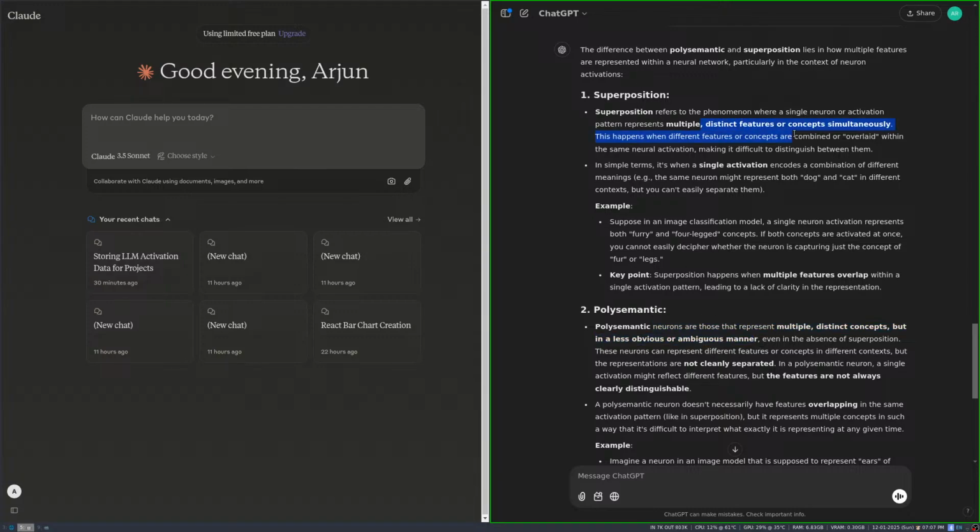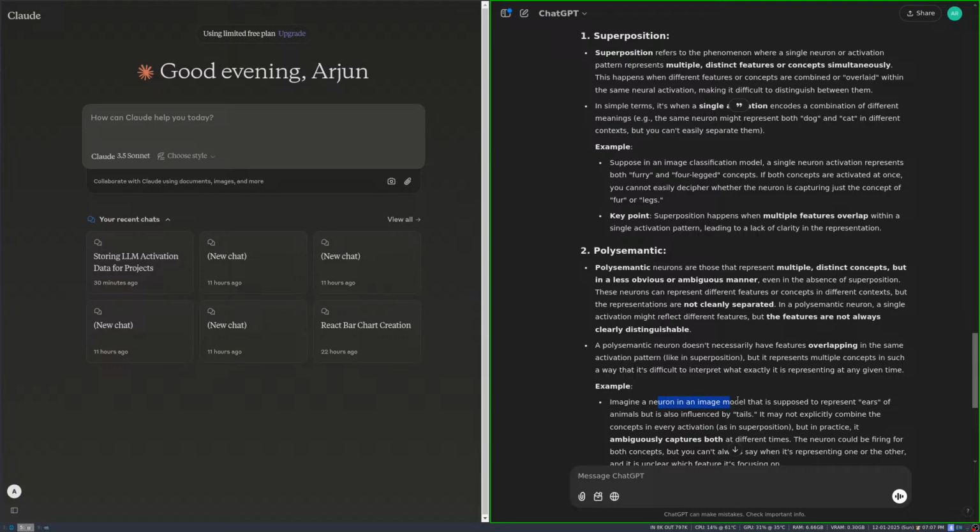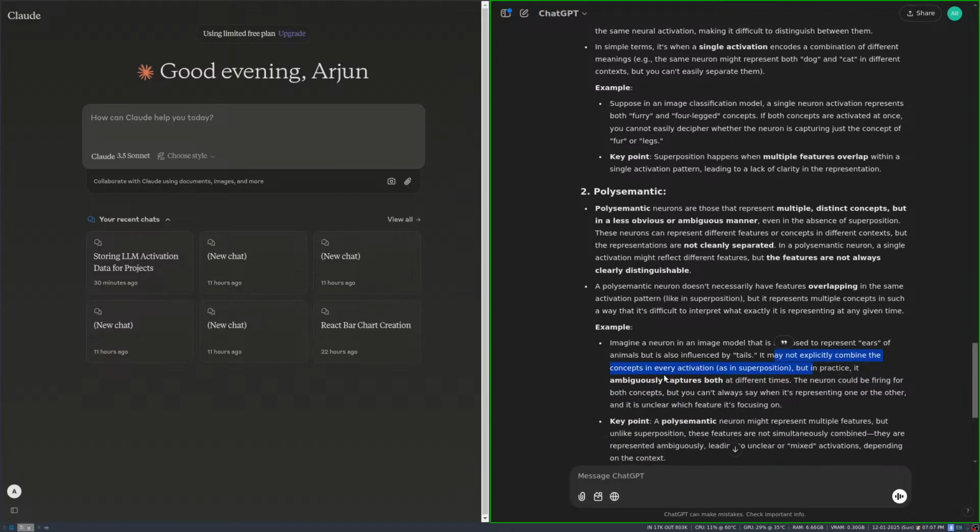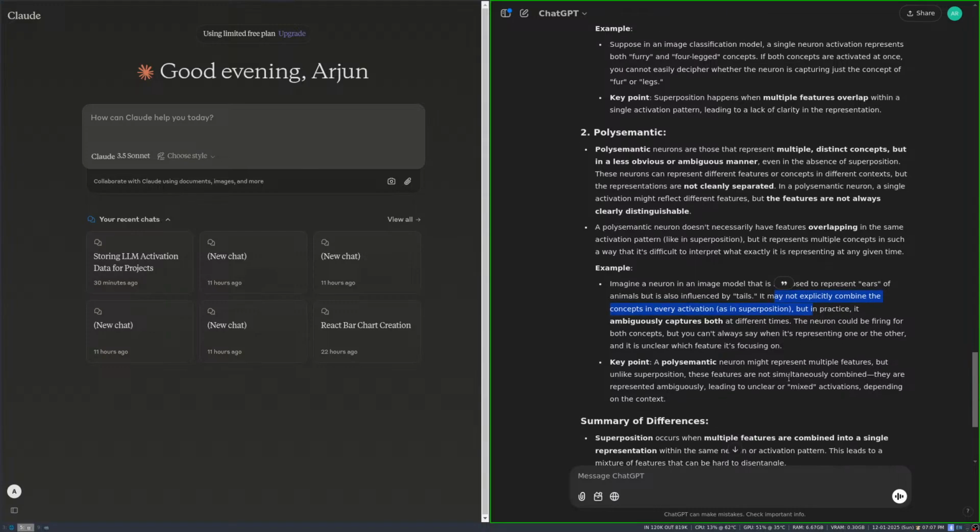The same neuron might represent dog and cat in different contexts, but you can't easily separate them. Imagine a neuron that is supposed to represent ears of animals, but is also influenced by tails. It may not explicitly combine the concepts as in superposition, but in practice it is ambiguously capable of both at different times.